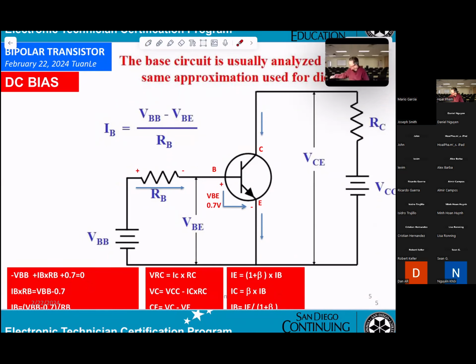This is a circuit. You get VCC, NPN, and VBB. If you want to calculate the IB, IB equal VBB minus VBE divide RB. VBE will be 0.7 volt.